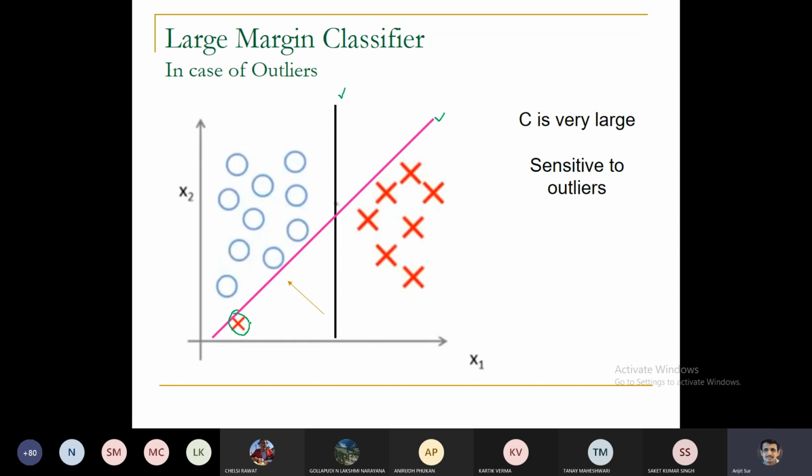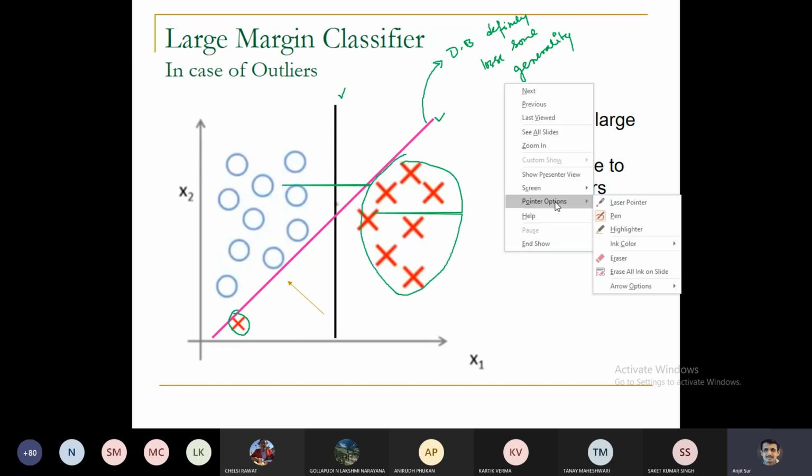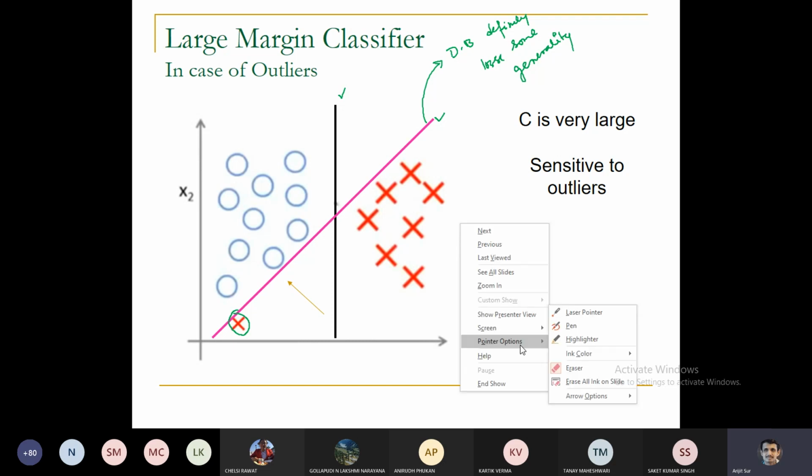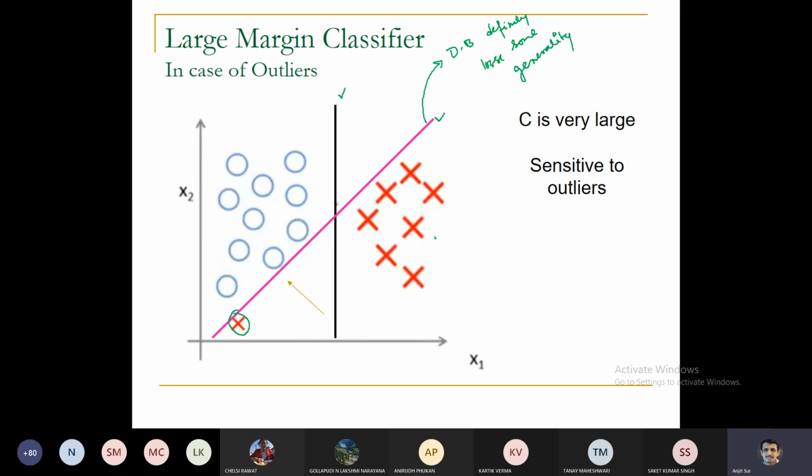Because this particular decision boundary would definitely lose some generality. If this is one distribution and this is the other distribution, then definitely this point is not in close proximity to this distribution.